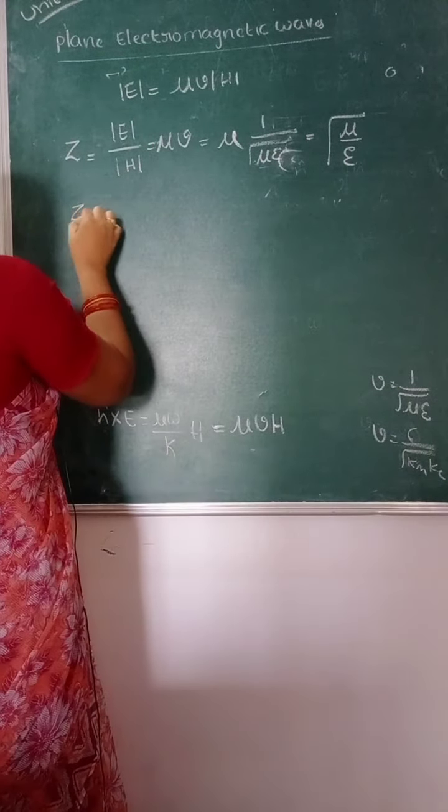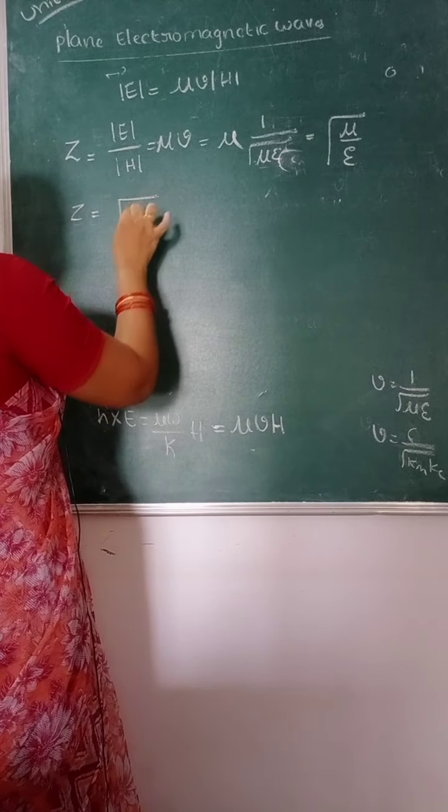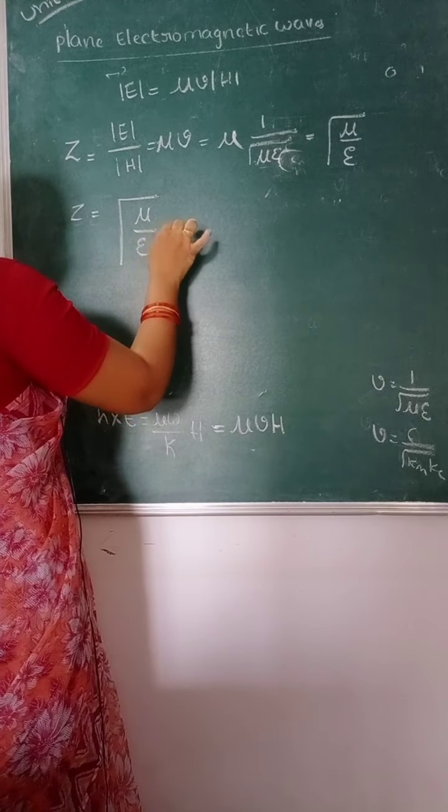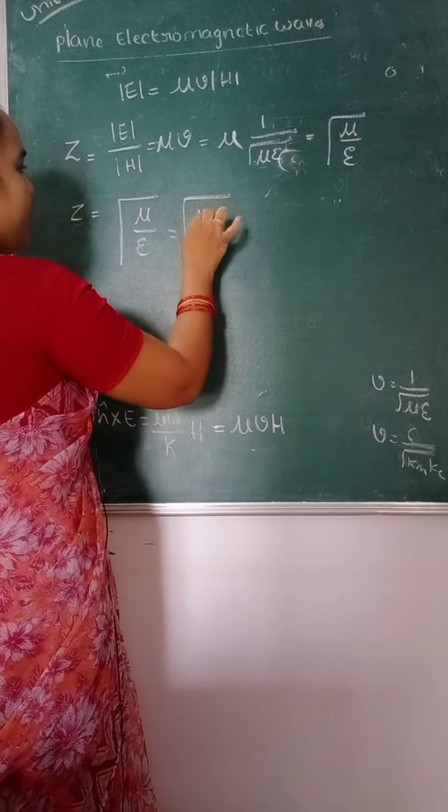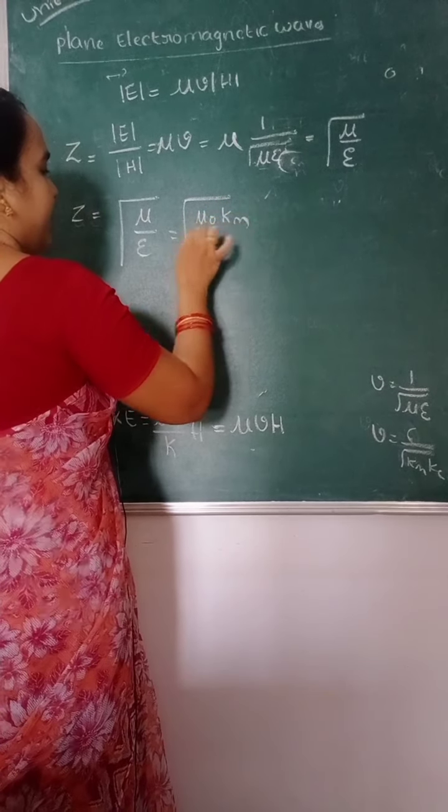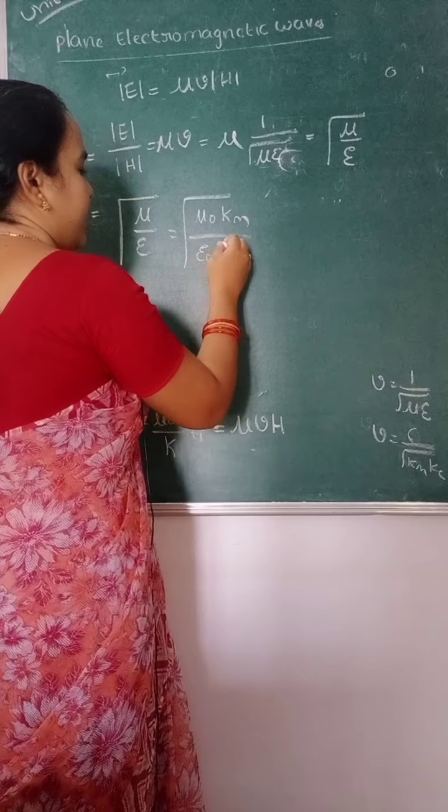Then Z is equal to root of mu by epsilon, where mu is mu naught into Km and epsilon is epsilon naught into Ke.